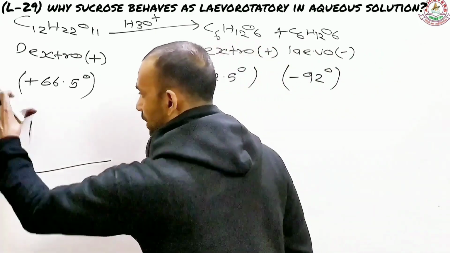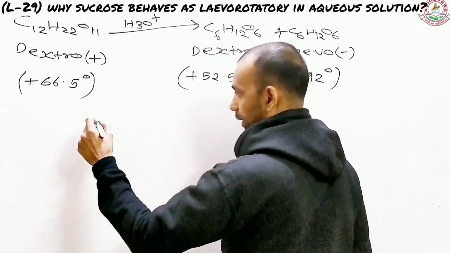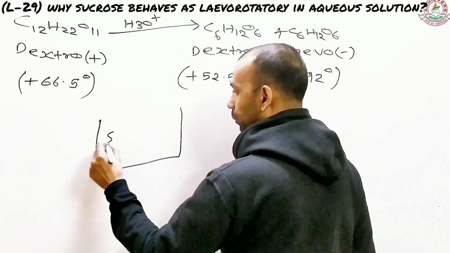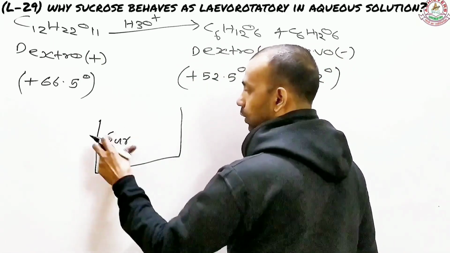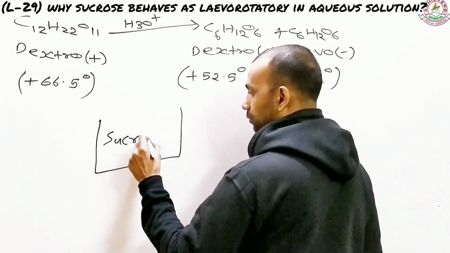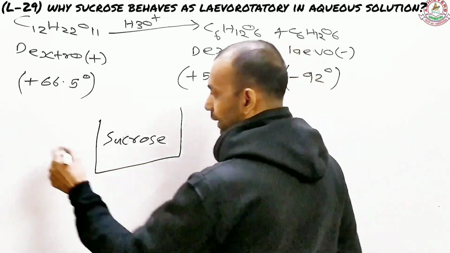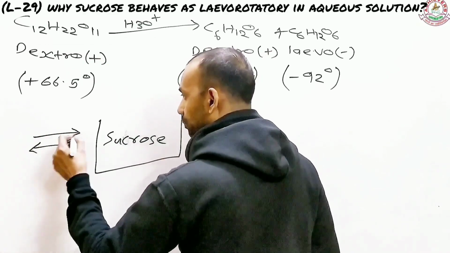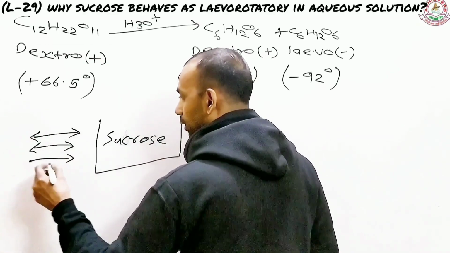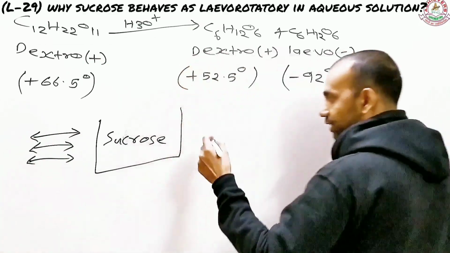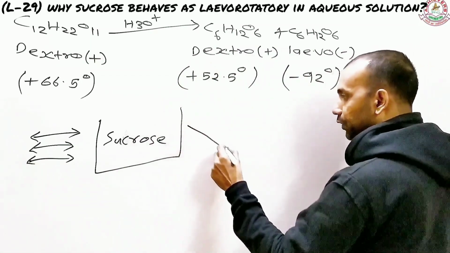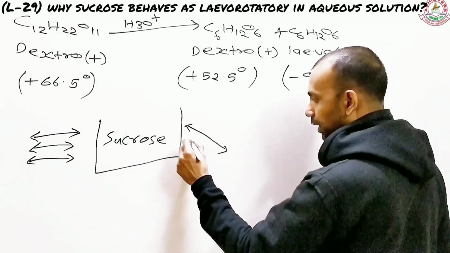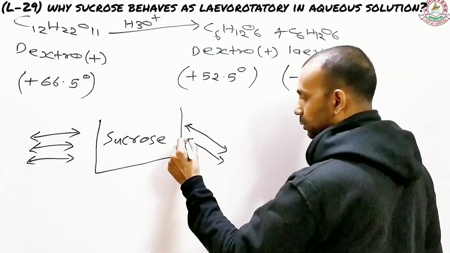Suppose I'm taking a container here, right? And you have a sucrose solution here. Now, what happens when you pass plane polarized light? When you pass plane polarized light, it appears to bend towards the right. I'm trying to make this as simple as I possibly can.